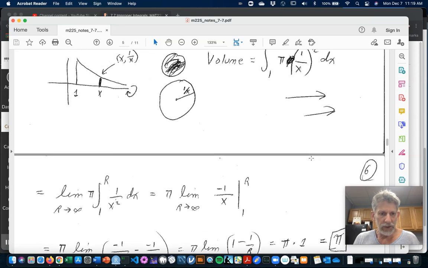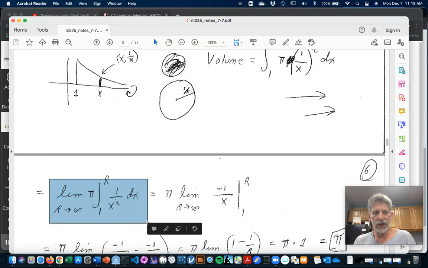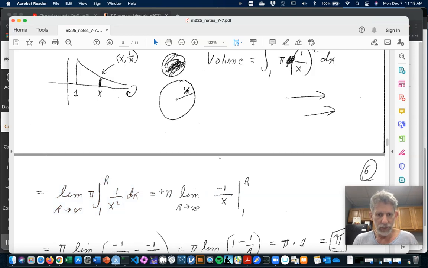So let's give it a try. By definition of improper integral, that's going to be the limit as r goes to infinity of the integral from 1 to r. Now I'm going to pull the pi outside right away. It's constant, so I pull it all the way outside the limit sign. And I think about getting this antiderivative.